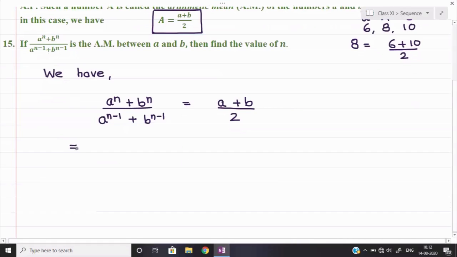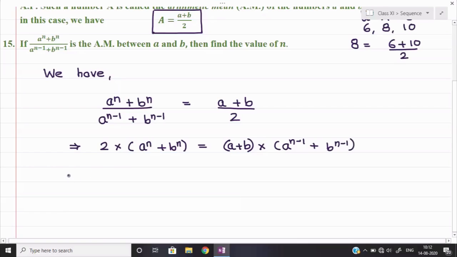First of all, I will do the cross multiplication. So this will come 2 into the bracket (a to the power n plus b to the power n) is equal to (a plus b) into bracket (a to the power n minus 1 plus b to the power n minus 1). Okay, now multiply 2 inside over here.